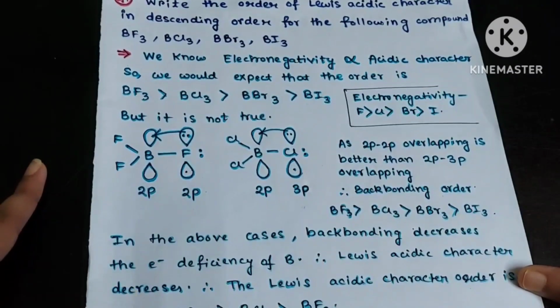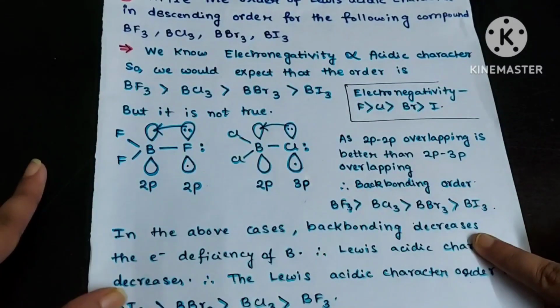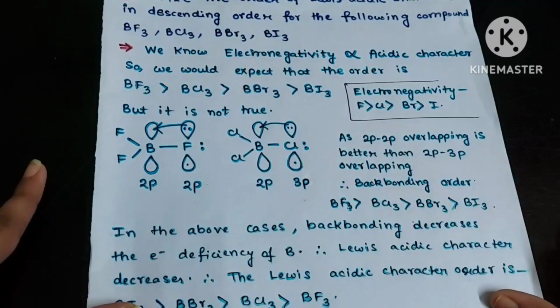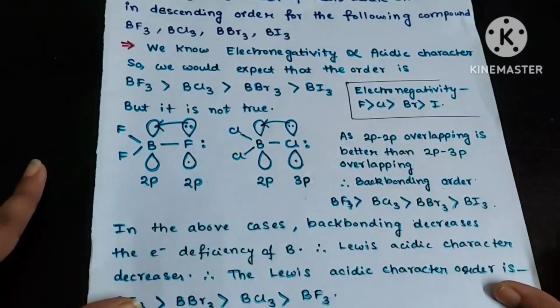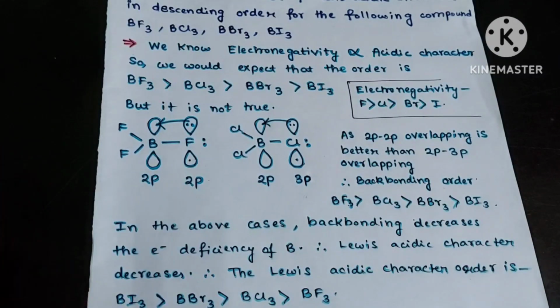In the above cases, back bonding decreases the electron deficiency of boron, as I have told earlier. Lewis acidic character decreases. That's why, what is the definition of a Lewis acid? In Lewis acids the electron deficiency should be there.